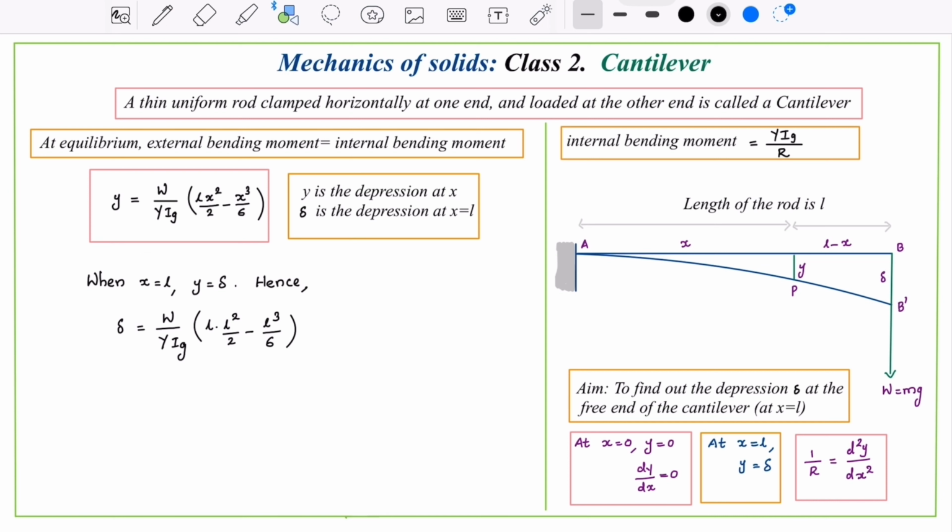This implies the depression delta at the free end of the cantilever, delta is equal to W divided by YIg, then L cube by 2 minus L cube divided by 6, and this is equal to W divided by YIg, two L cube divided by 6.